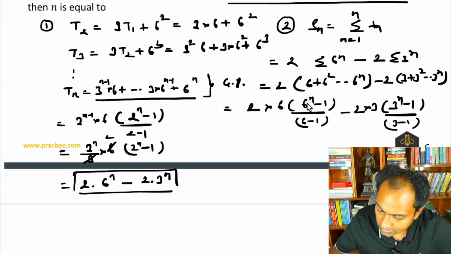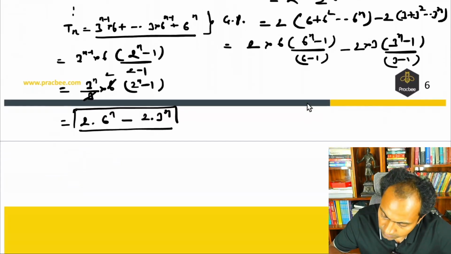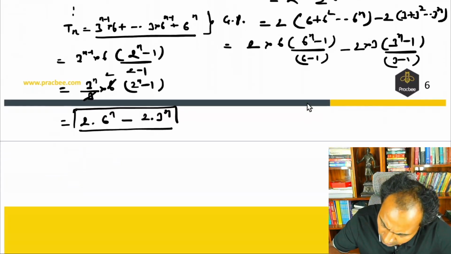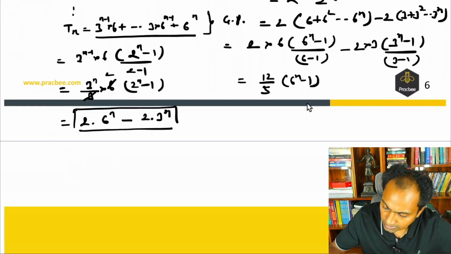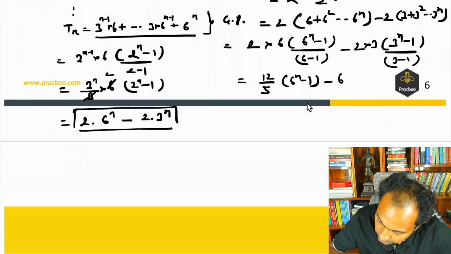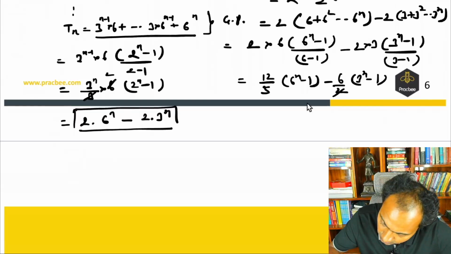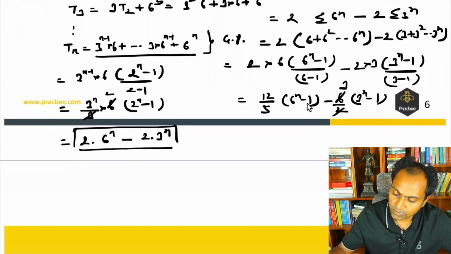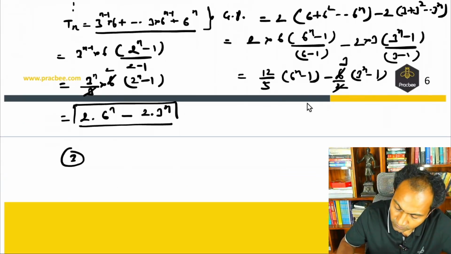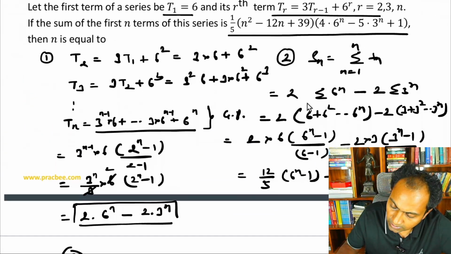Once you have got this, now we have got the value of Sn from here. We can simplify. This comes out to be 12 by 5, 6 raised to the power n minus 1. And the second comes out to be nothing but 6 by 2 into 3 raised to the power n minus 1. So this will become 3. Now once you have got the value of Sn from here, the third part also talks about the value of Sn. We can compare both of these.